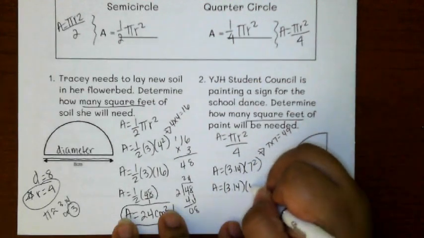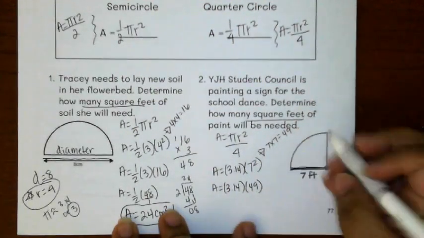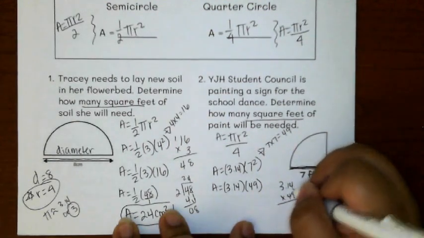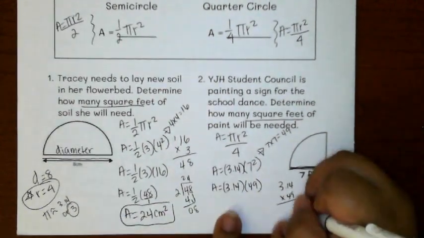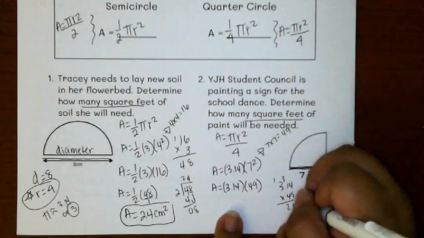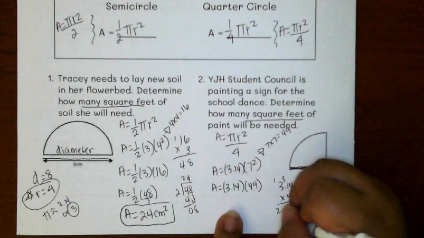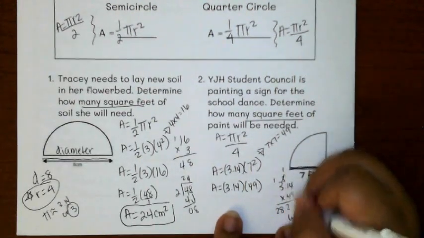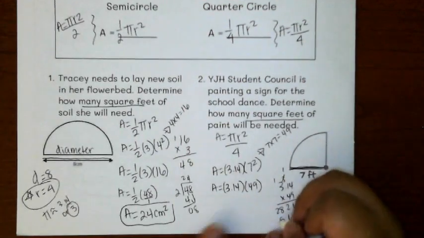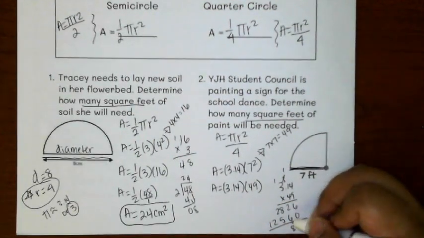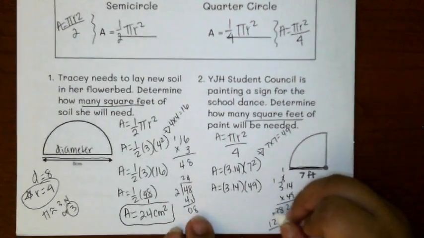I know that 9 times 4 is 36, and so on, carrying as I go.